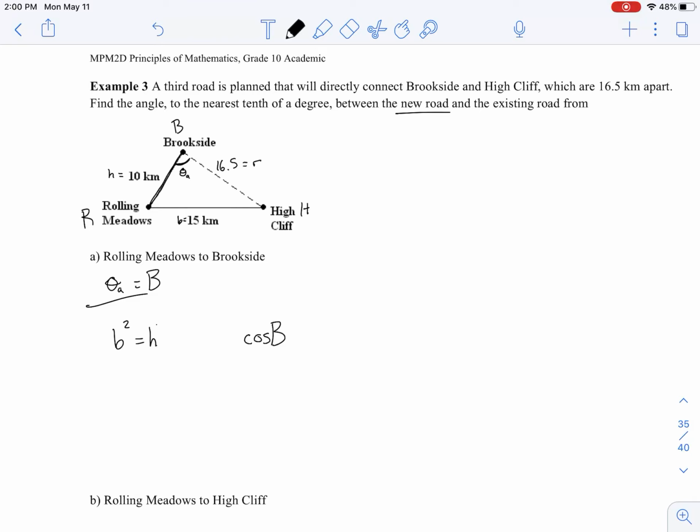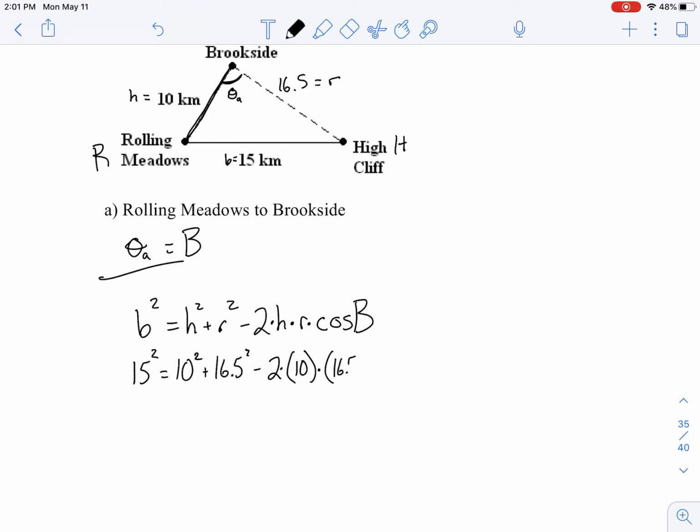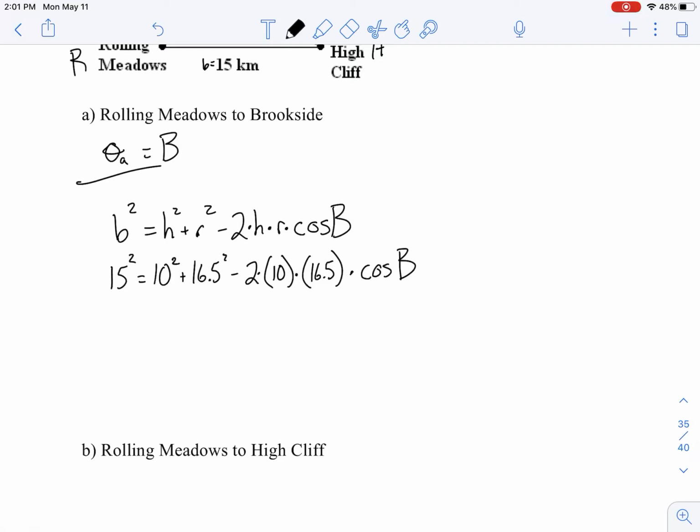Let's go HR, alphabetical. b squared equals h squared plus r squared minus 2 times h times r times cosine of B. Looks like a lot of letters here, but we can start to fill in what we know, what we don't know. b is equal to 15 squared. h is equal to 10 squared. r is equal to 16.5 squared, minus 2 times 10 times 16.5 times cosine of B. And this is what we're trying to solve for, right? That's our unknown, that capital letter B.